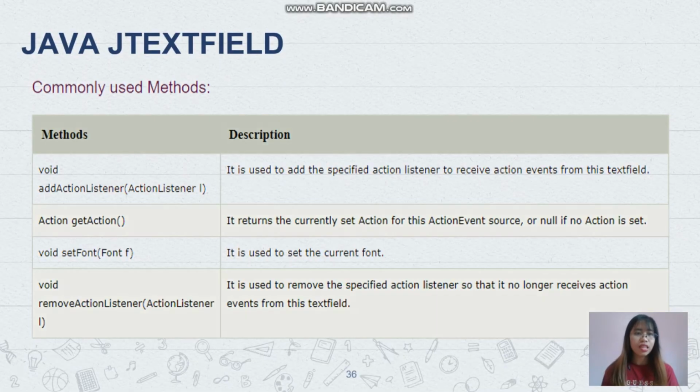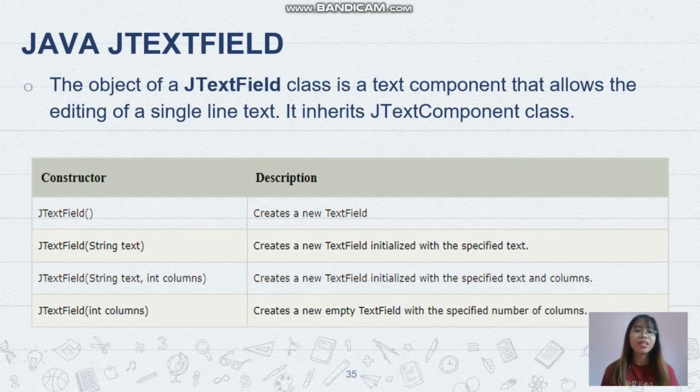Okay, JTextField. Alam kong familiar na familiar kayo sa text field dahil ito yung mas madalas nyong gamitin aside kay button. So, JTextField class is a text component that allows the editing of a single line text. So, ito yung component na pwede kayong mag-input or pwede kayong maglagay ng text. So, it inherits the JTextComponent class.